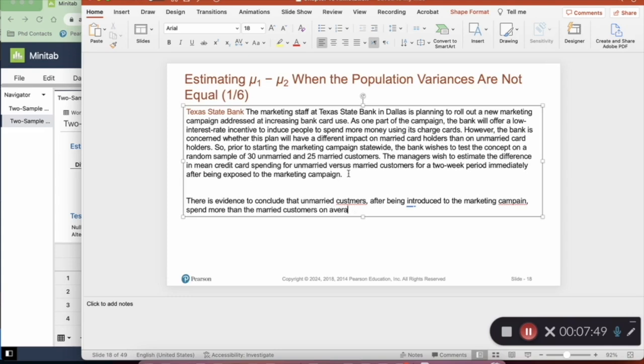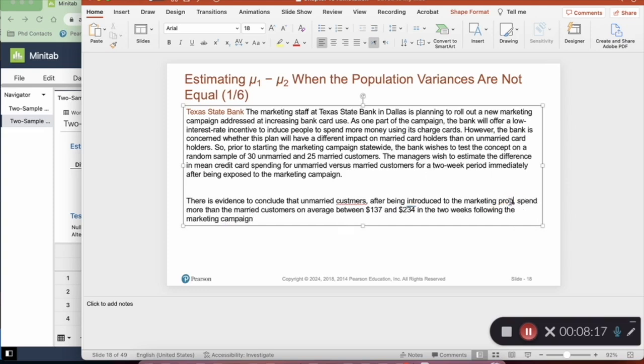Between what and what? Between $137 point whatever we got and $234 in the 2 weeks following the marketing campaign. So this is the conclusion.